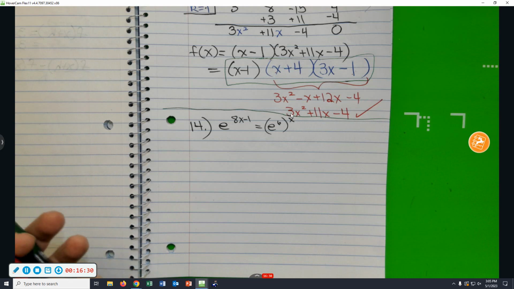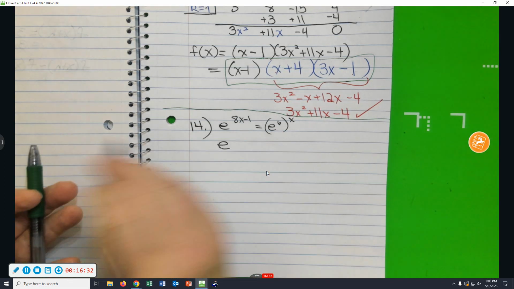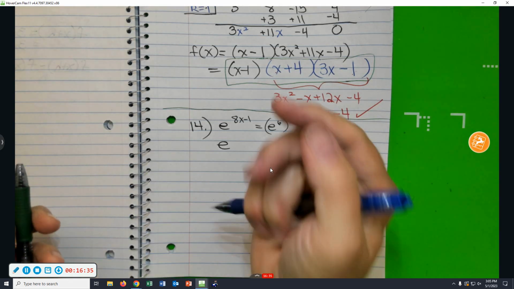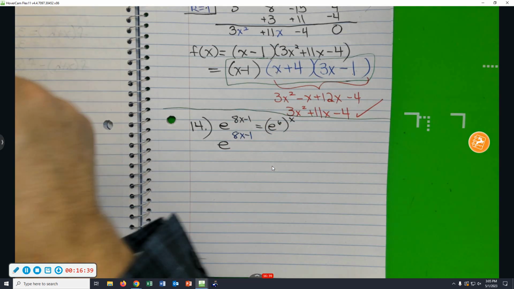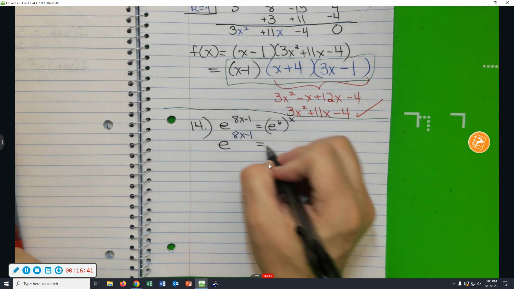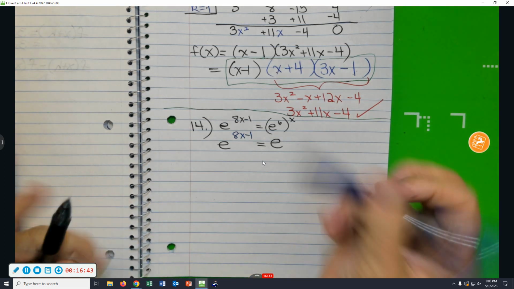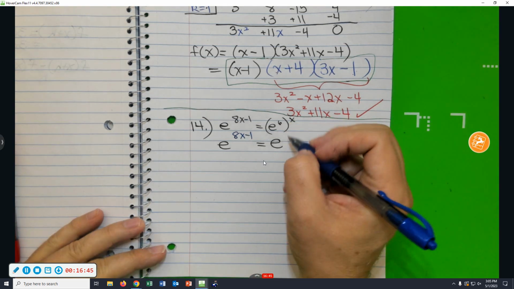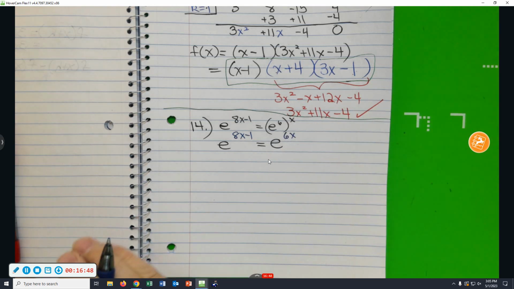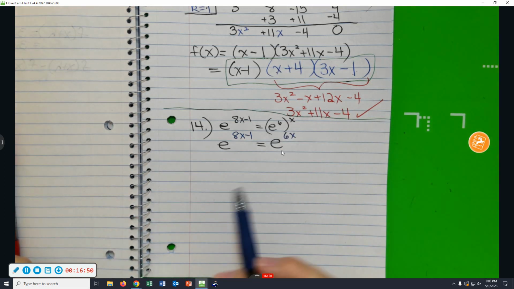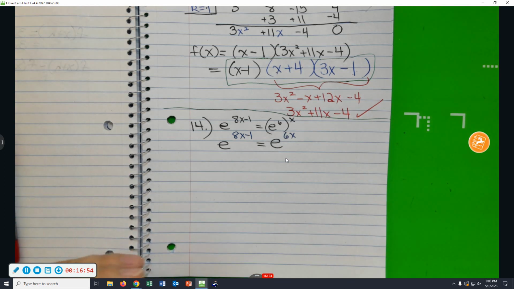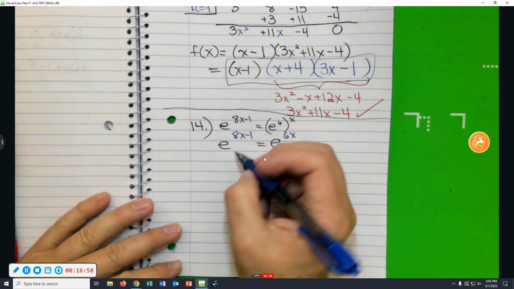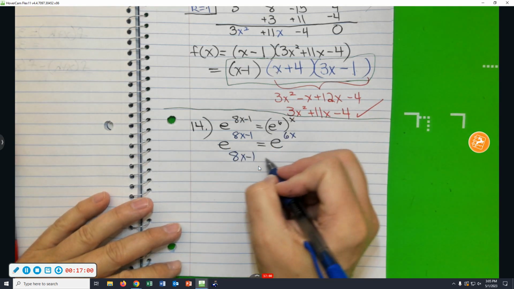What do we have to do with the power raised to a power? That's going to give us e to the 8x minus 1 is equal to e to the 6x. Power raised to a power, you multiply 6 times x. And once you have the same base on both sides without any parentheses, what can you do? Okay, so you drop the base, set the exponents equal.